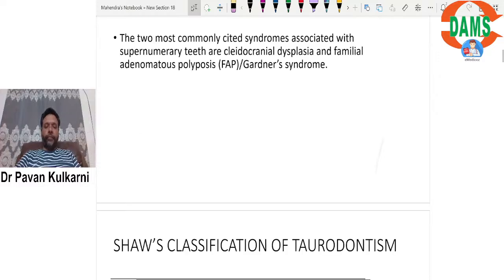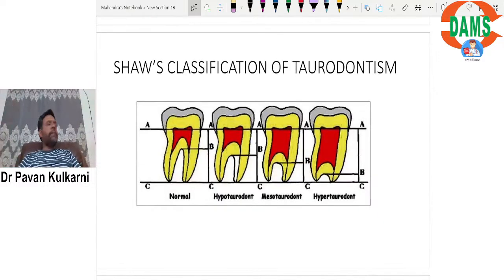teeth. Now this is another important topic where we can expect a question: the taurodontism classification, which was given by a person called Shaw. So please remember the name, Shaw's classification. If you see this, Shaw has classified taurodontism as normal teeth, then hypotaurodont, mesotaurodont, hypertaurodont. If you carefully see here, this is the furcation area.